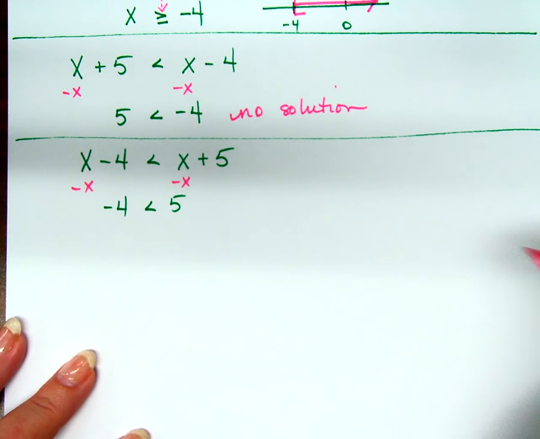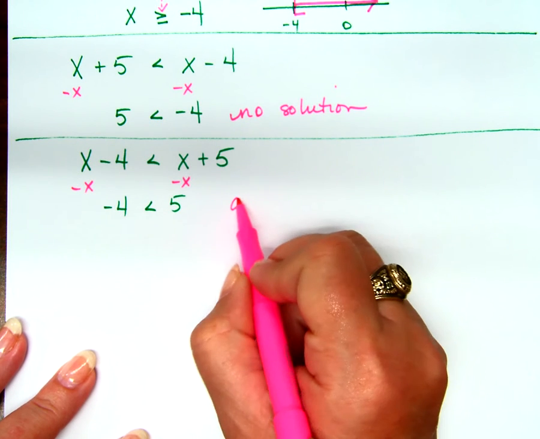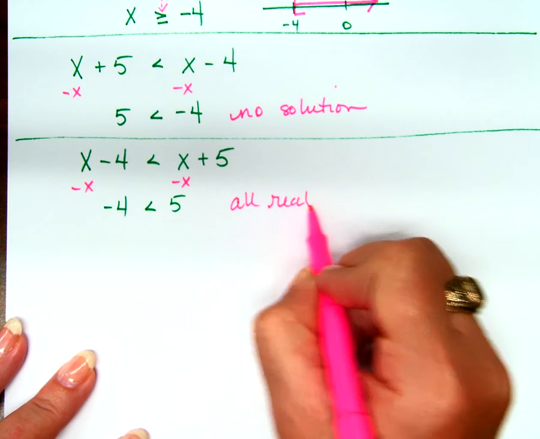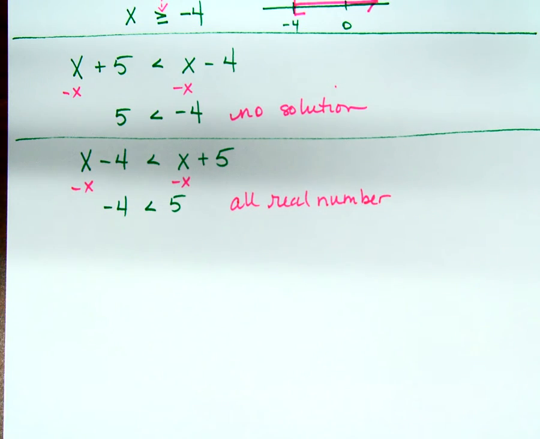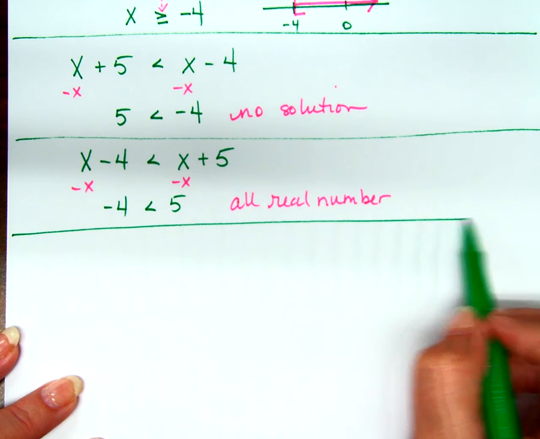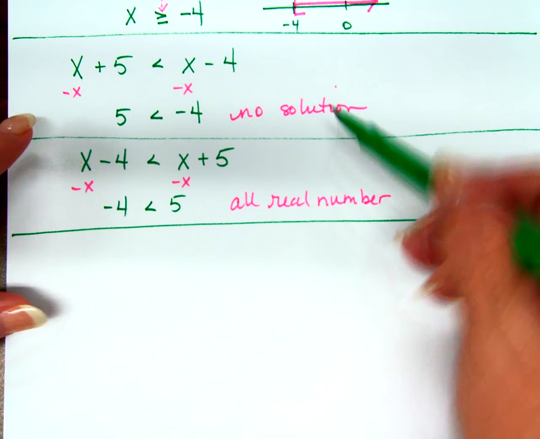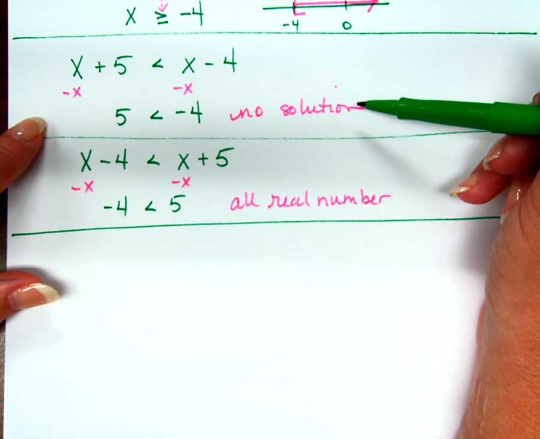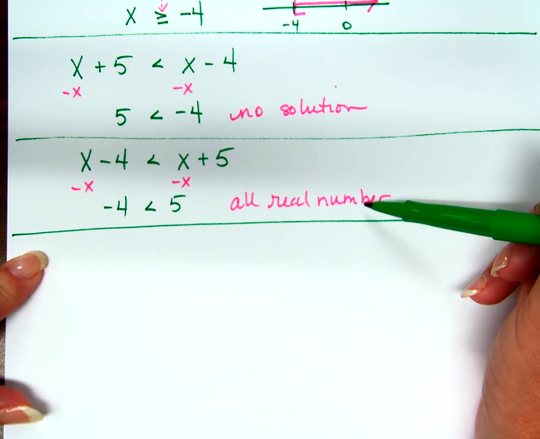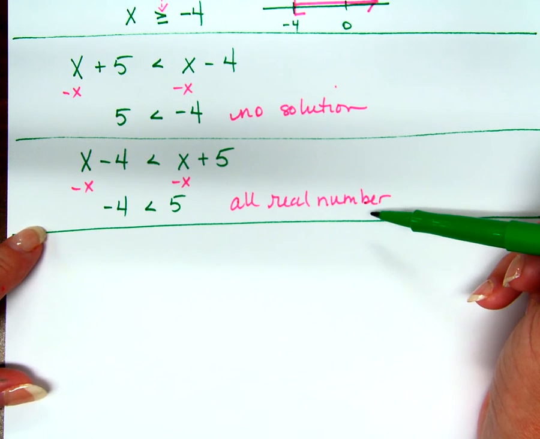Always? Always. That means it does not matter what I put in for x. It will always be true. Any value that I choose for x will always be true. Any value that I choose for x will never be true on the previous one. Okay? But any value I choose for x, it will always be true.